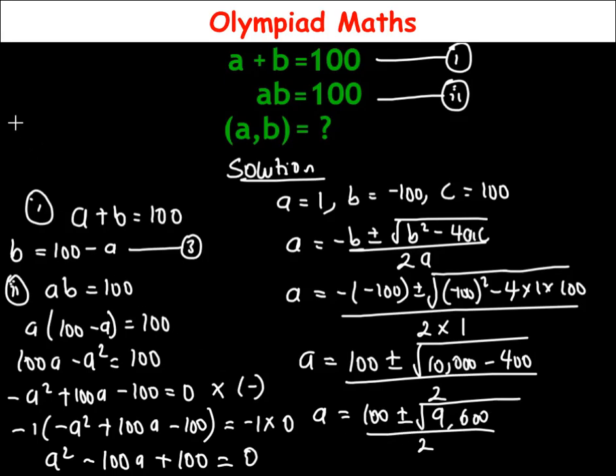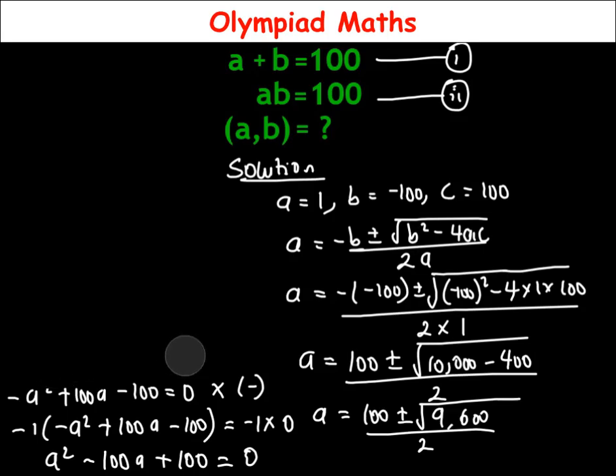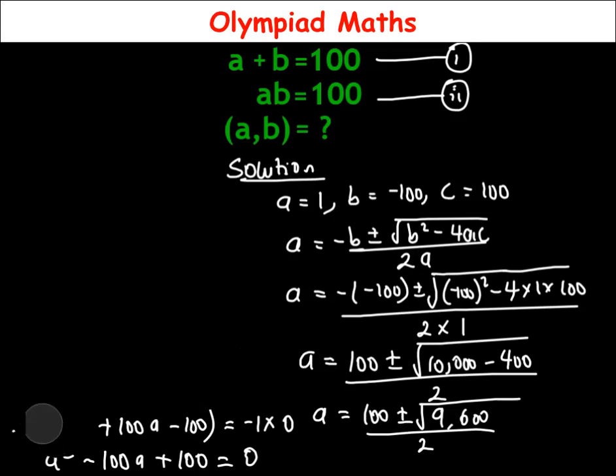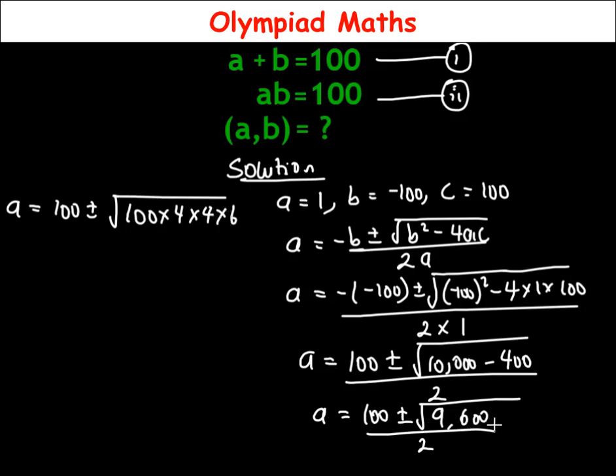At this junction, let us clean up this place. So a is then equal to 100 plus or minus square root of, now 9,600 can be written as 100 times 4 times 4 times 6, which equals 9,600, okay, over 2.